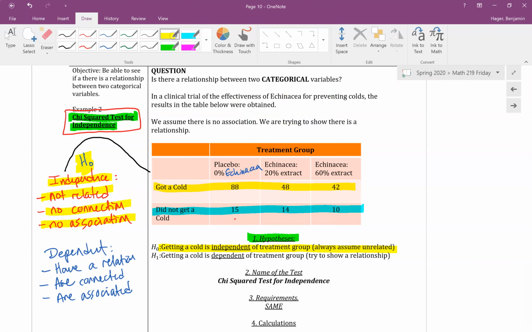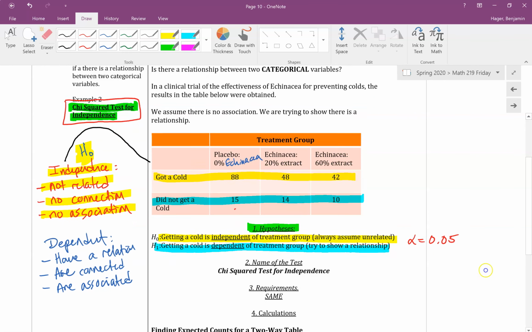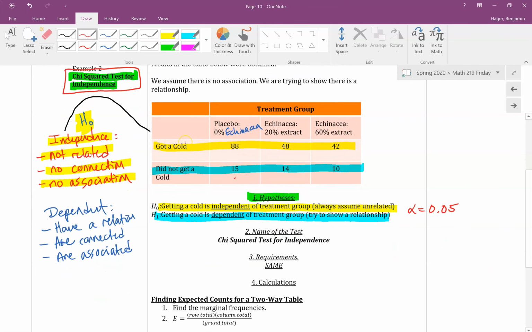The alternative to that would be, well, no, there is a relation. Getting a cold is dependent on which group you're in. In other words, maybe we find that we're less likely to get a cold if you're in that group. My alpha, I'll take good old 5% since it doesn't tell me. Again, I want to see if there is a link between getting a cold and taking echinacea or not.